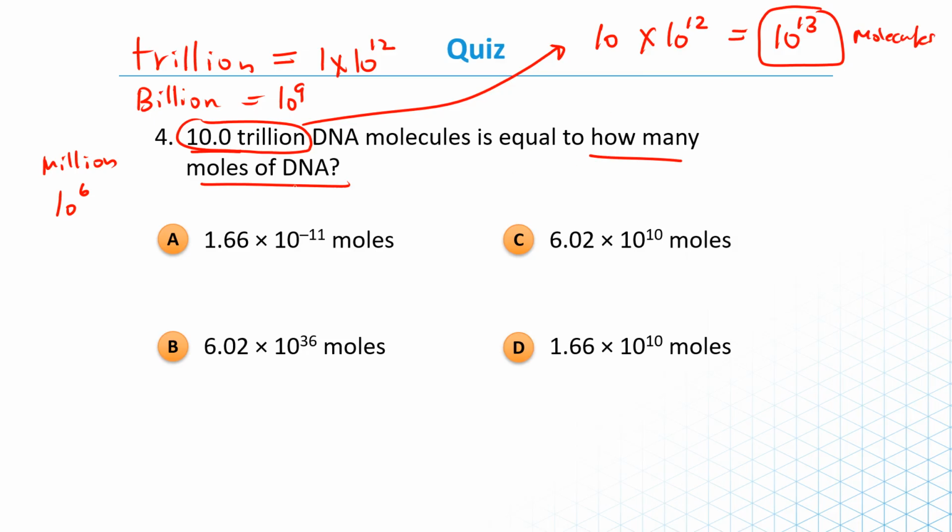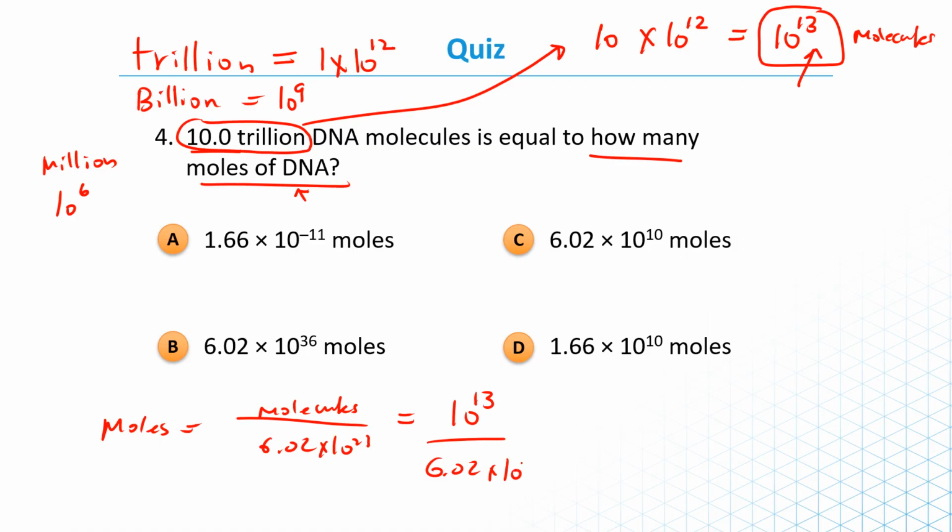It says how many moles is that, so they want the moles. So moles equals molecules over 6.02 times 10 to the power 23, which will be this number over 6.02 times 10 to the power 23, which would be 1.66 times 10 to the power minus 11 moles.